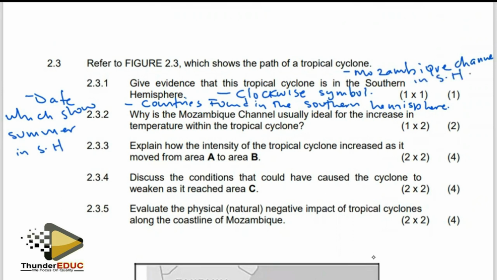All right. Now they say 2.3.2. Why is the Mozambique Channel usually ideal for the increase in temperature within the tropical cyclone?